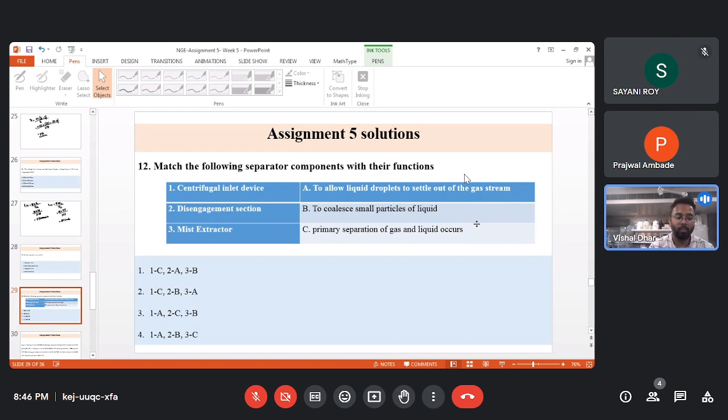The four options are: first, 1C, 2A, 3B. Second is 1C, 2B, 3A. Third is 1A, 2C, 3B. And the fourth is 1A, 2B, 3C. Which one, Prajwal? First option. Correct option is option 1. Very good. 1C, 2A, and 3B.